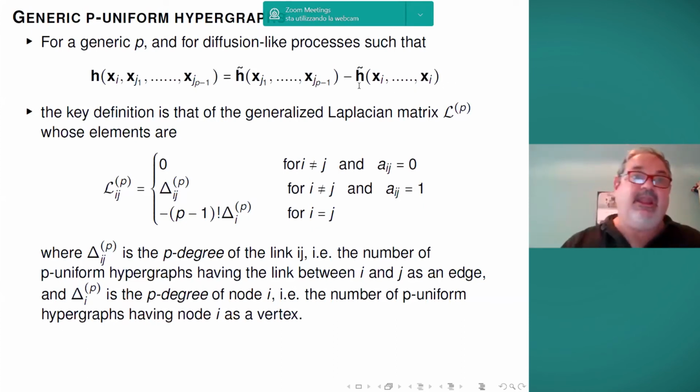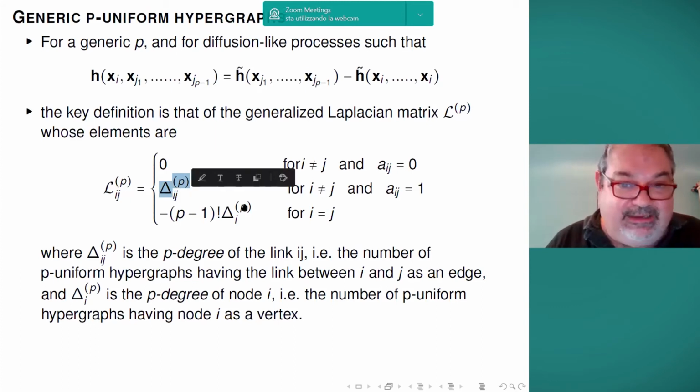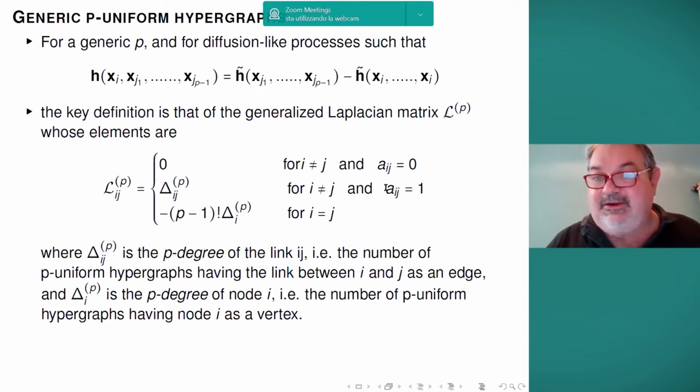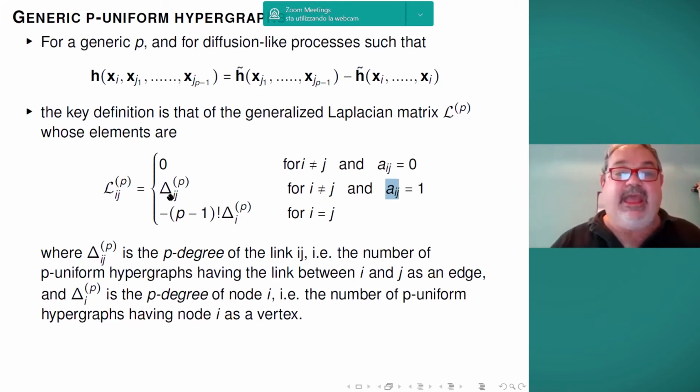And the key point is that now you define a generalized Laplacian matrix, LP, and the elements of this matrix are 0 if there is no link. That is, if the corresponding element of the adjacency matrix is 0. It is delta ijp when there is a link, so when the corresponding element of the adjacency matrix is 1, and this delta ij is the p degree of the link ij, that is the number of p-uniform hypergraphs which are formed by the link between node i and node j.